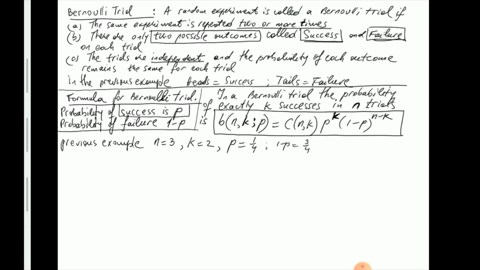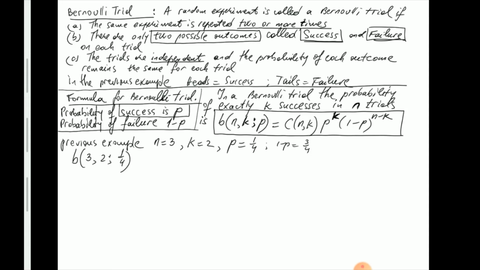So basically, what I computed in the previous example by counting those outcomes with 2 heads and 1 tail can be computed directly with this formula by computing B of 3 comma 2 semicolon 1 over 4.